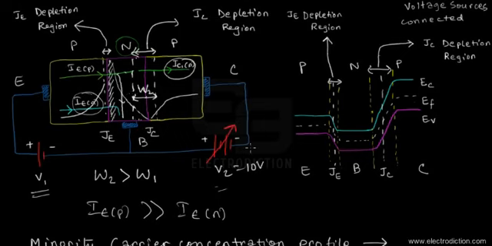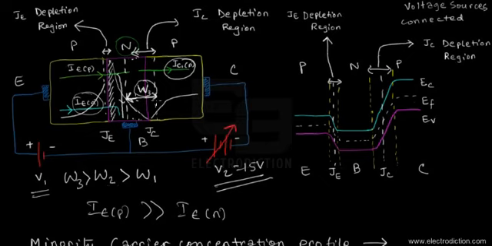Now if we go on increasing this to about, let's say, 15 volts, we can see that the width of the depletion region across the collector junction has now changed to W3, where W3 is much greater than W2 and hence W1.